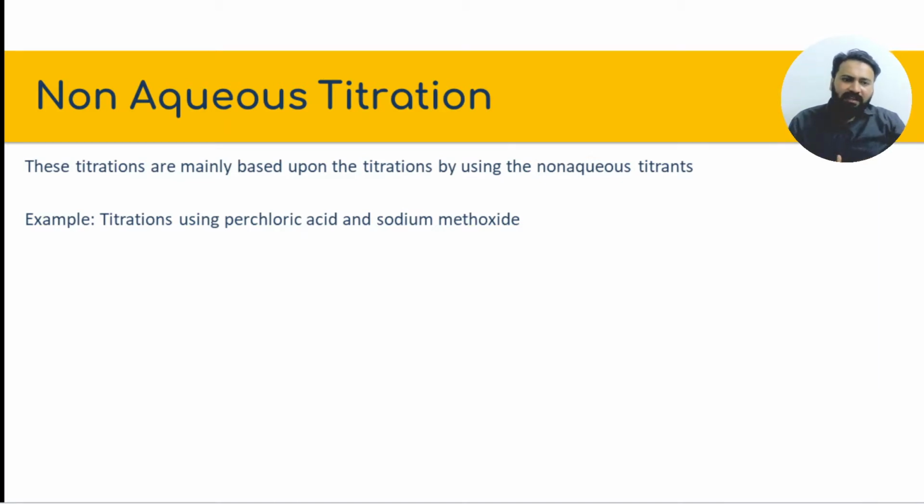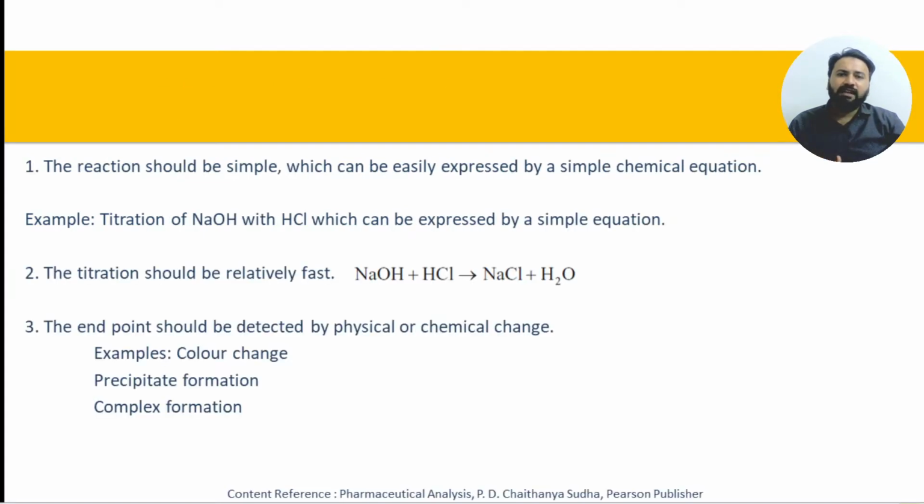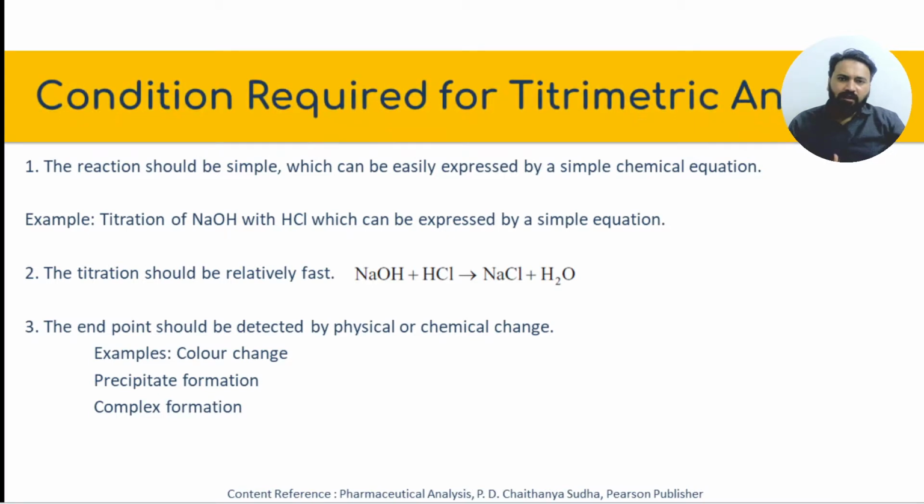So the next point is the conditions required for titrimetric analysis. This is very important, because whatever reaction we are proposing, the reaction must be very simple, which can be easily expressed by a simple chemical equation.